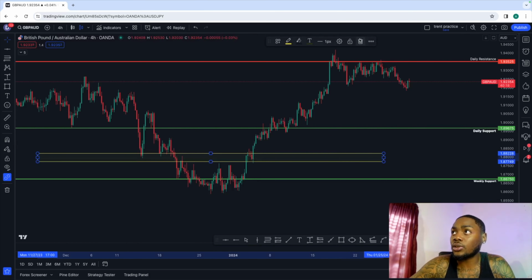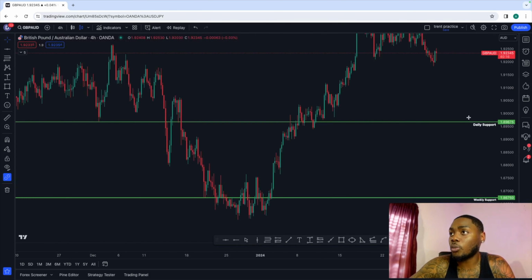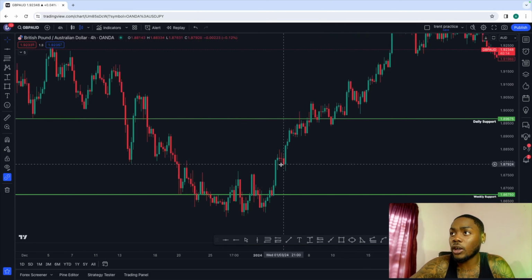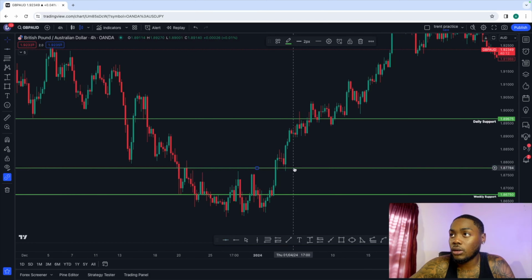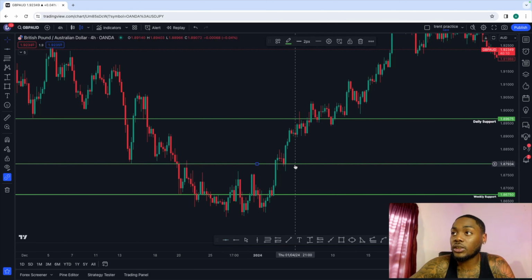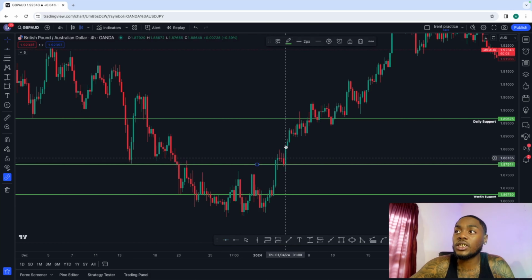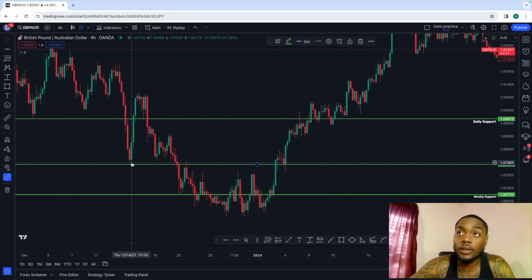So what I like to do is I'm going to get on the open of this candle here because this is where the move initiated from. This is where the move happened from. Also, back here, price also pushed up in this area, but you can see it's not on the exact price point.